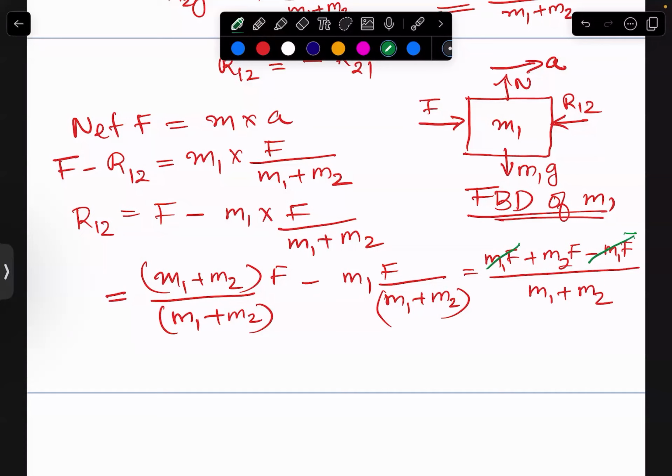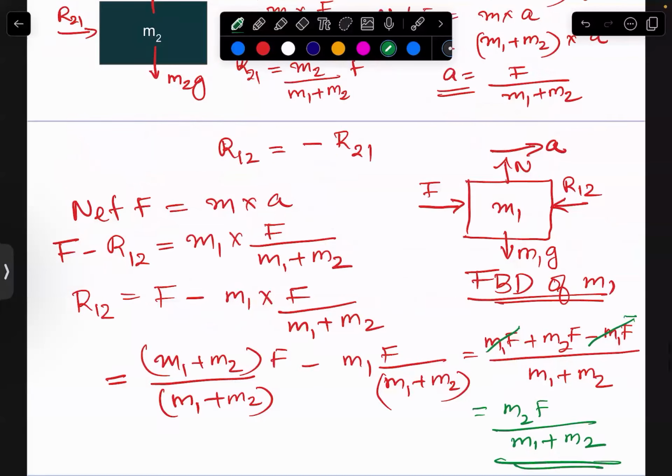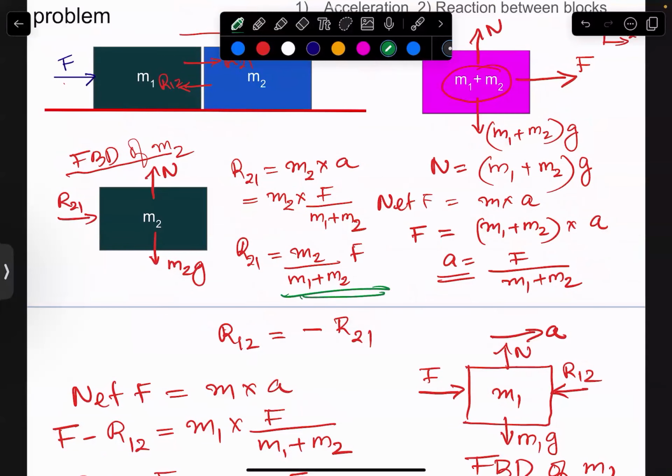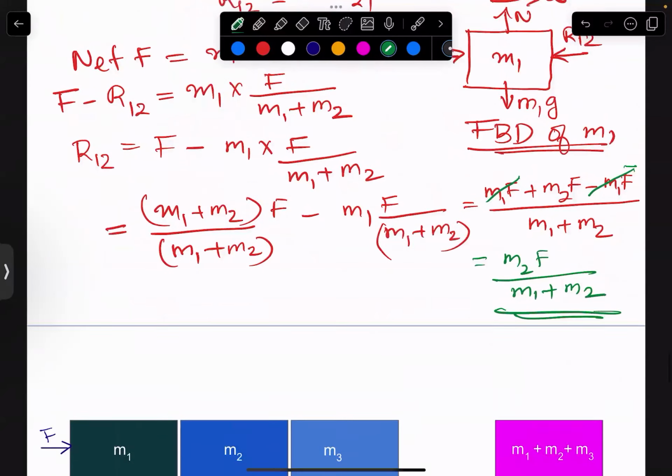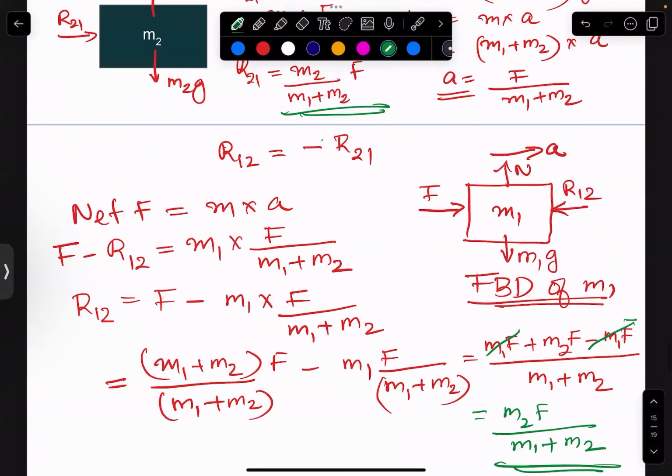Now we have M2F by M1 plus M2. So we got the reaction force M2F by M1 plus M2. Now, to show the direction, we put the negative sign because it's acting opposite to R12.